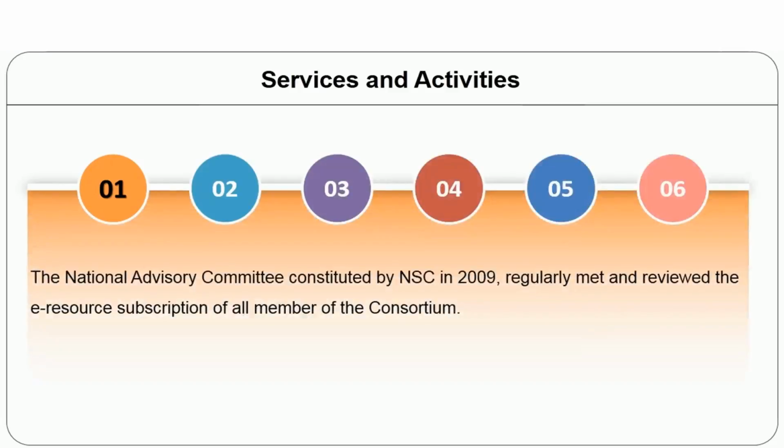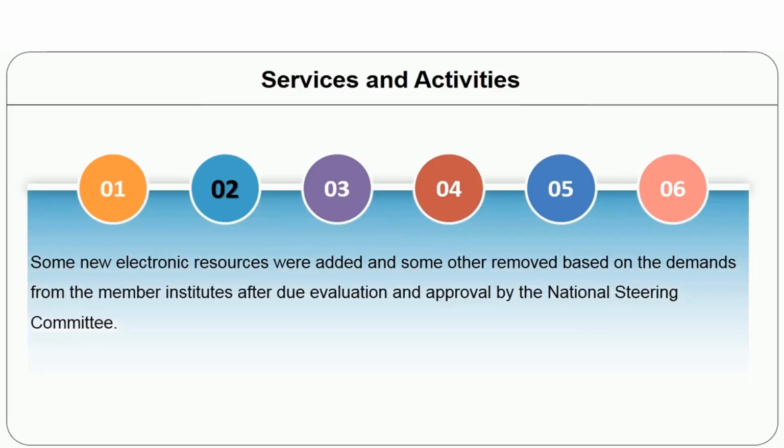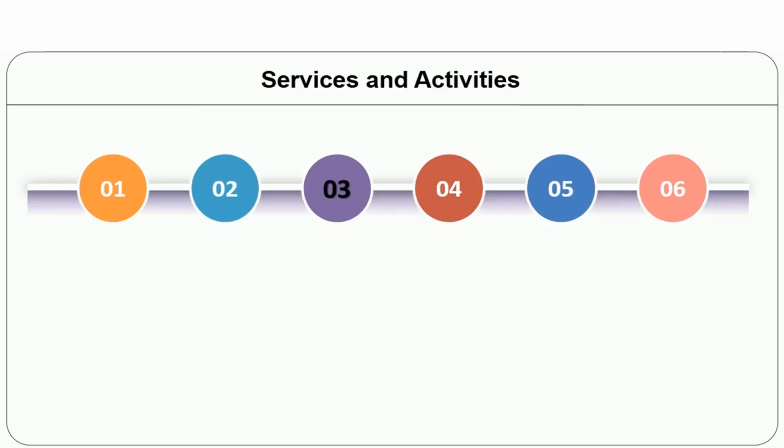The National Advisory Committee constituted by NSC in 2009 regularly met and reviewed the resources subscription of all members of the consortium. Some new electronic resources were added and some were removed based on the demands from member institutions after due evaluation and approved by the National Steering Committee.